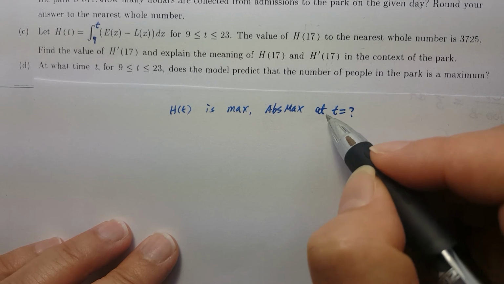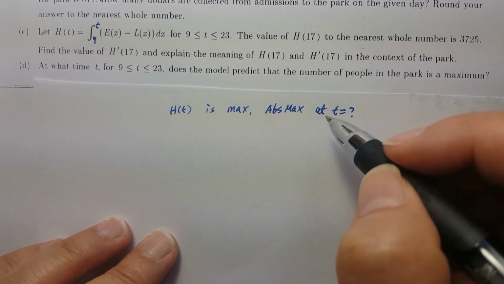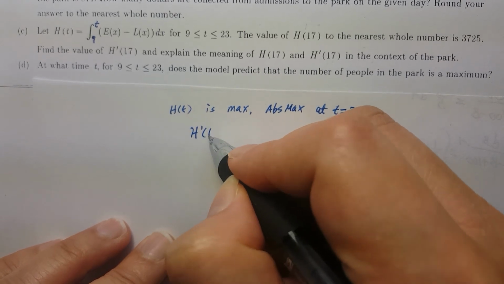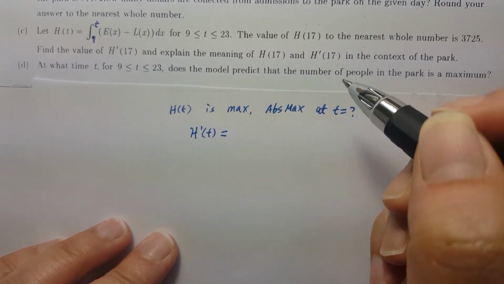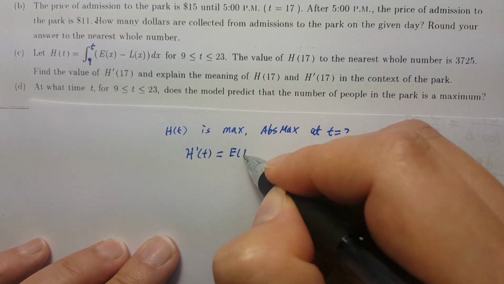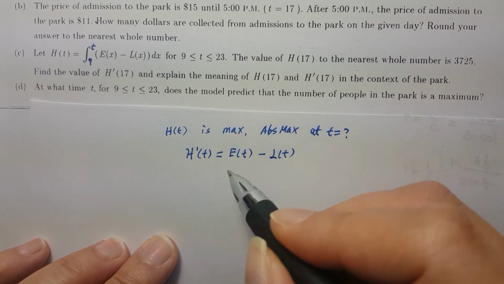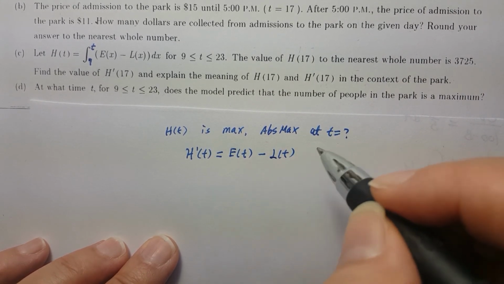In order to find the absolute max and the absolute min, we use the derivative. So we say h prime of t equals, and from the previous part, we already found that it's the rate in minus the rate out. And we have to make the derivative equal to 0.